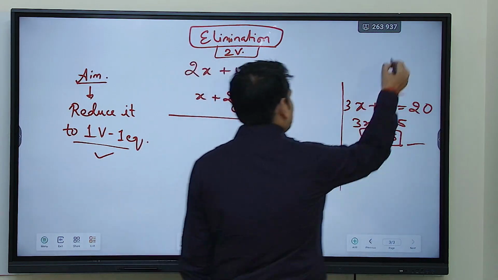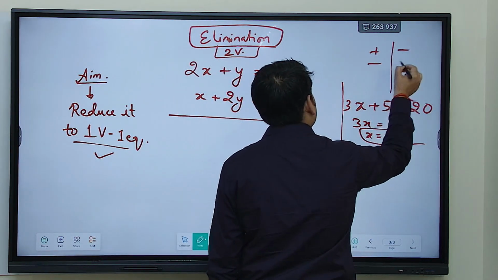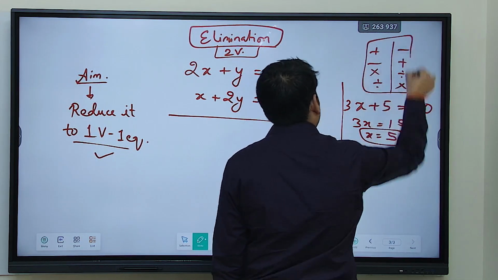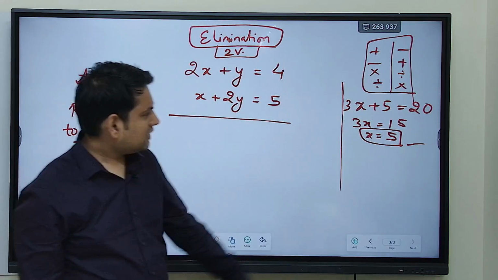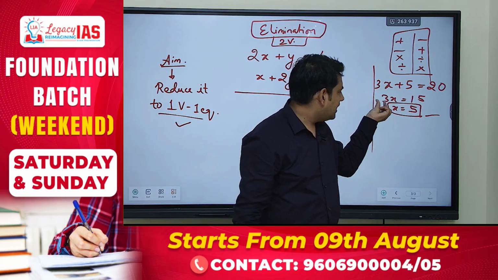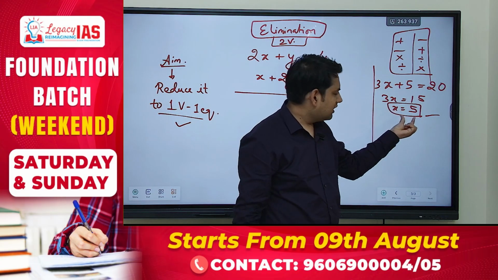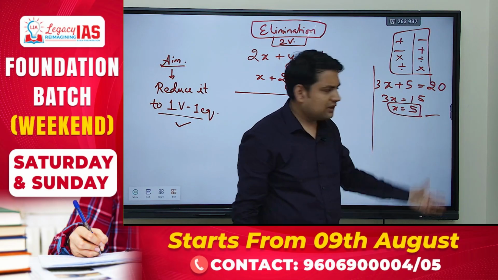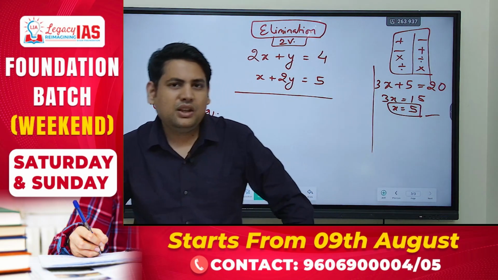The sign changes across the equal to: plus becomes minus, minus becomes plus, multiplication becomes divide, divide becomes multiplication. Here it was plus, there it will become minus. 20 minus 5 is 15. Then here it is multiplication, 3x, so 3 will go to the other side and divide, 15 by 3 gives you 5. So x comes out to be 5.